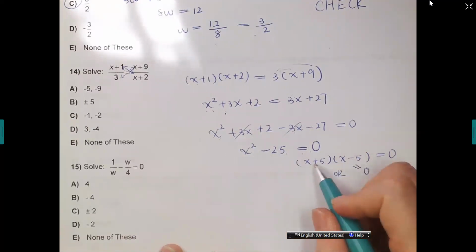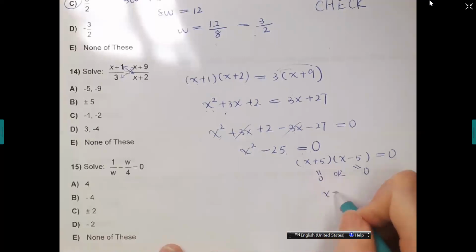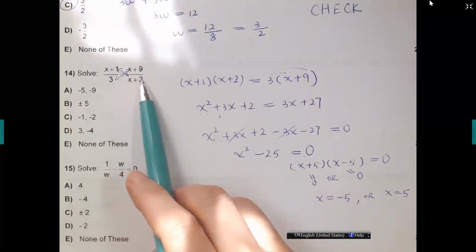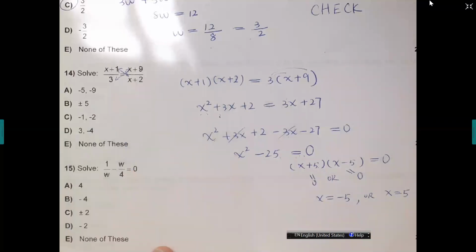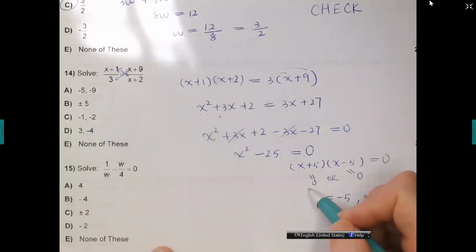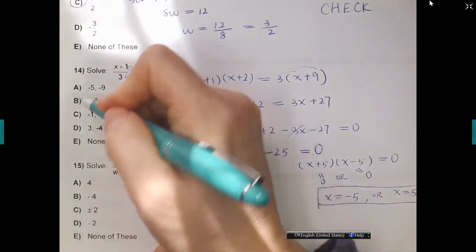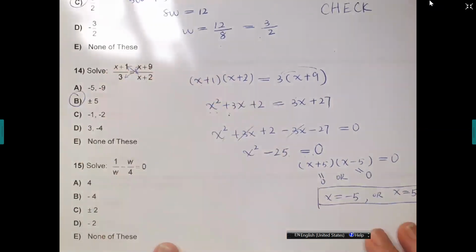When x plus 5 is 0, what is x? x equals negative 5 or x equals positive 5. So there are two answers. Quickly check: does any one of them make the denominator 0? No, neither one. So there are two answers, 5 and negative 5. B is the right answer here.